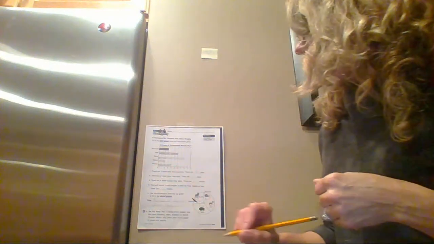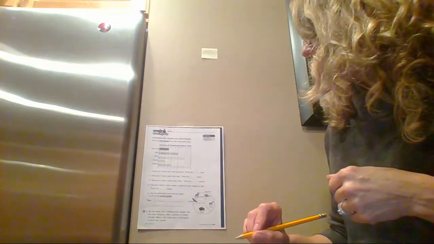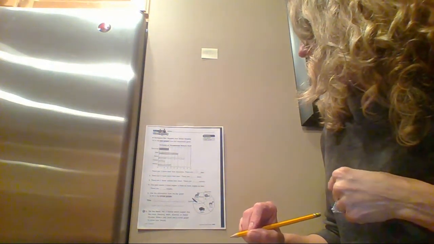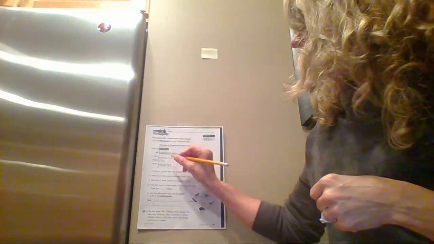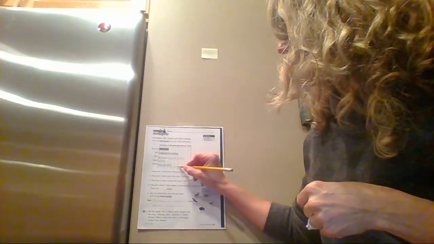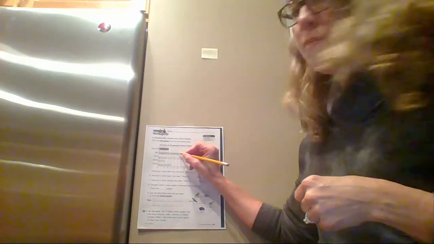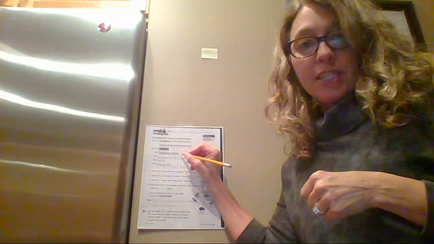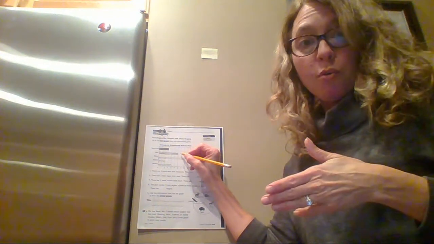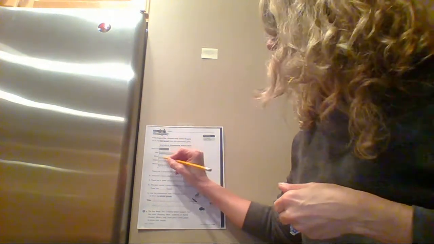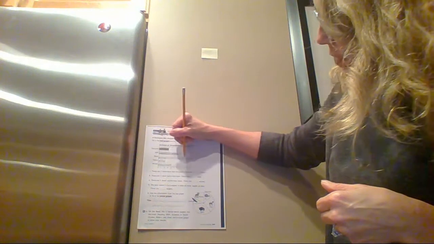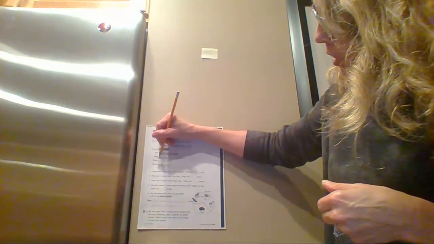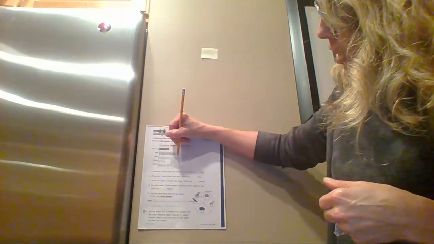Next clue, there are 2 more bison than deer. There are blank bison. So if we know that we have 6 deer and there are 2 more bison than deer, we're just going to do simple addition. 6 plus 2 more is 8. So for bison, we're going to have 8. So again, you're going to take your pencil, you're going to draw across.